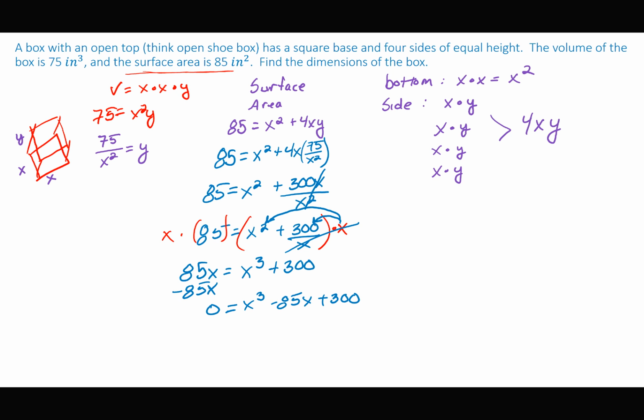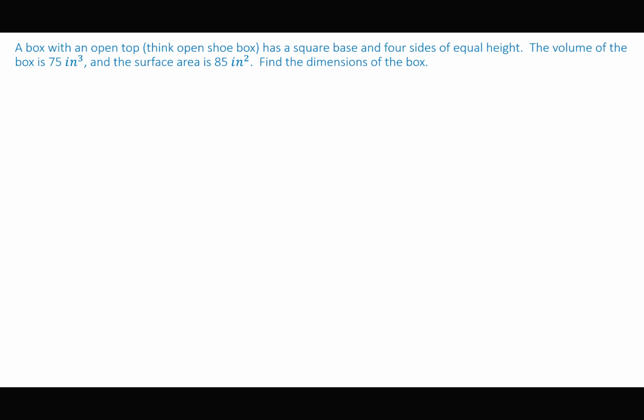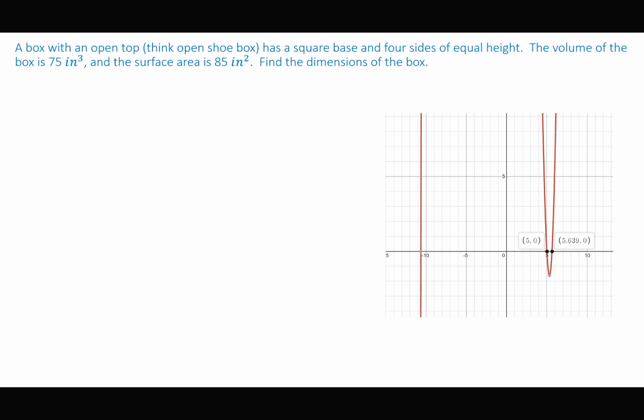Well, one way we could tackle this is to use Desmos, and if we graph this function in Desmos, this is the function y equals x cubed minus 85x plus 300. And I want my y to be 0, so all I'm looking at is where it crosses the x-axis.